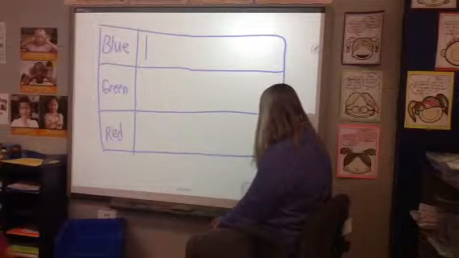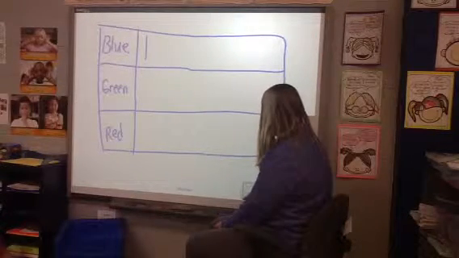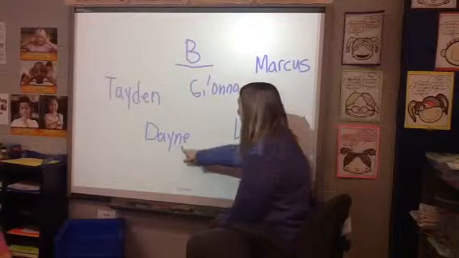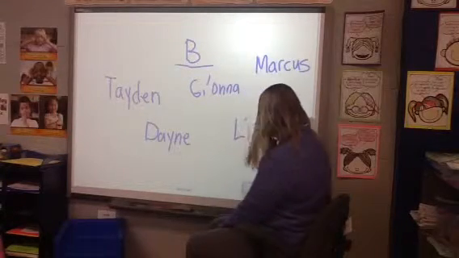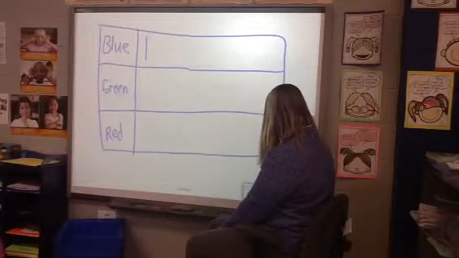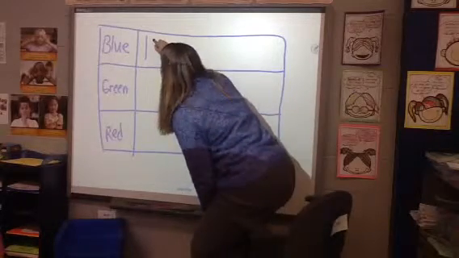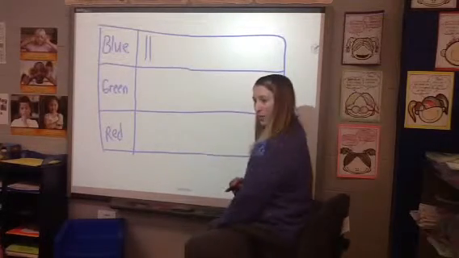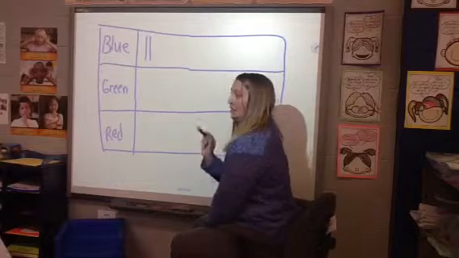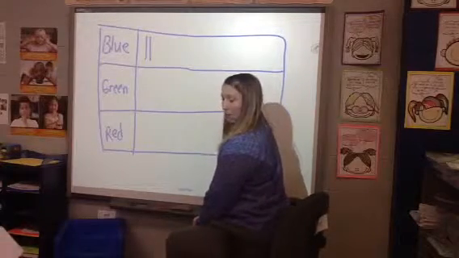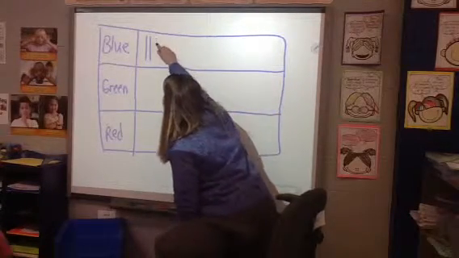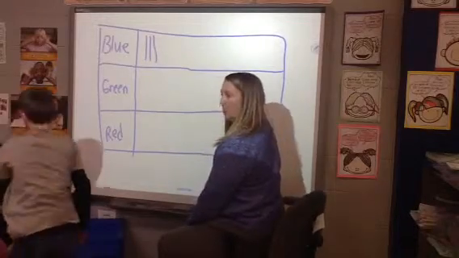I know Dane is another one. So I'm going to put another line to show that. Elizabeth was another one, so I'm going to put another line for Elizabeth.